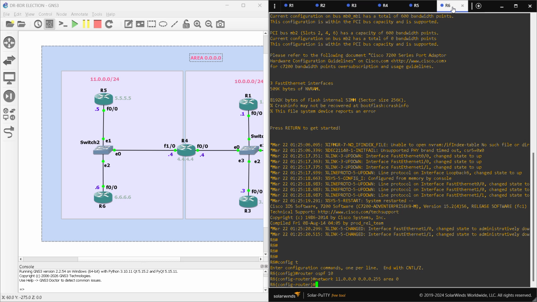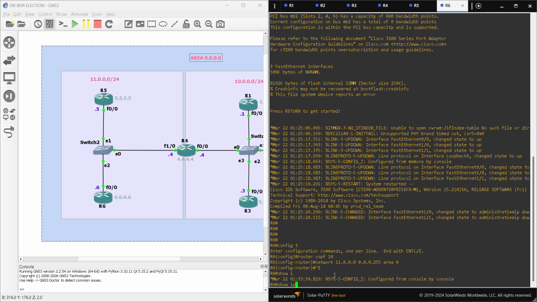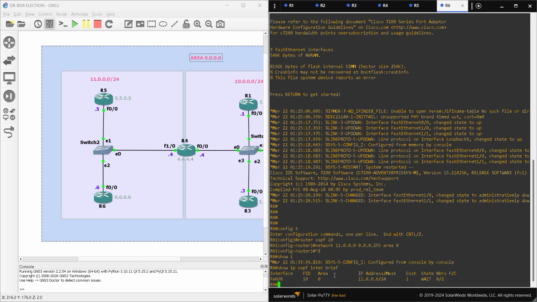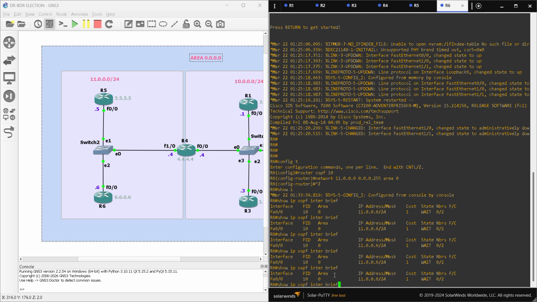As we have learned so far, due to the highest router ID, R6 will become DR, right? R5 will become BDR and R4 will become DR other, right? So let's check show ip ospf interface brief. It is in the waiting state, still waiting.